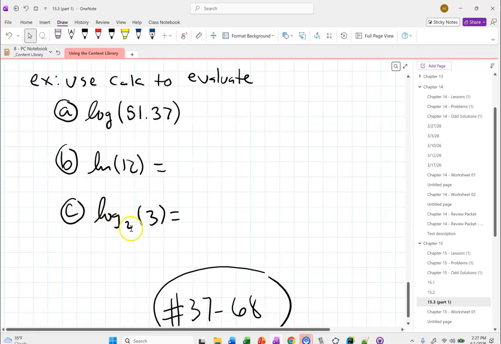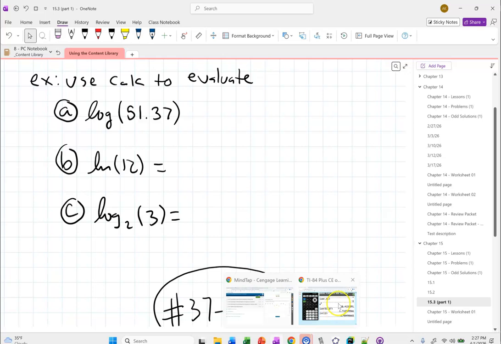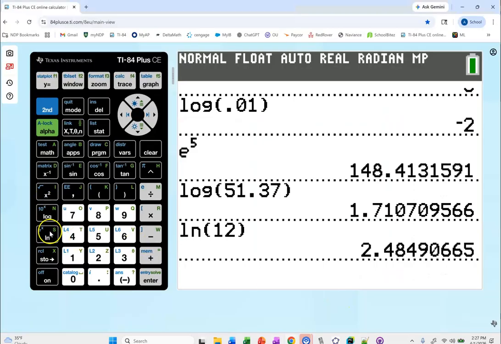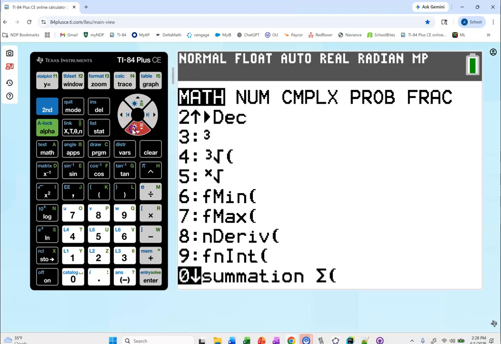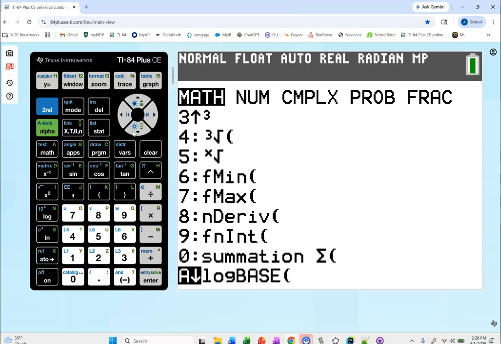If I want to do log base 2 of 3 on my calculator, well, there's no log base button where I can type in a base that I want. To get that, I'm going to press the math button and scroll down and look for the command called log base.